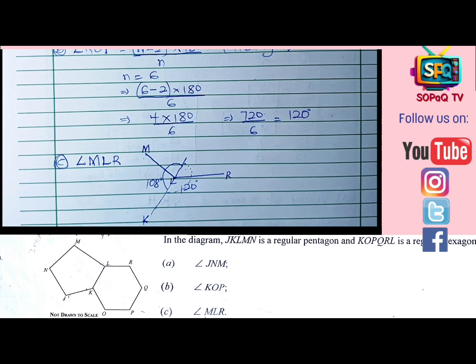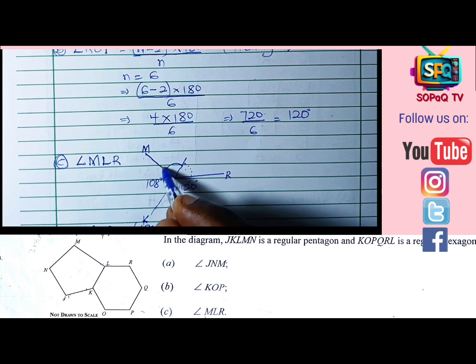So our angle MLR can be expressed as 180 minus 108. That is for this side.